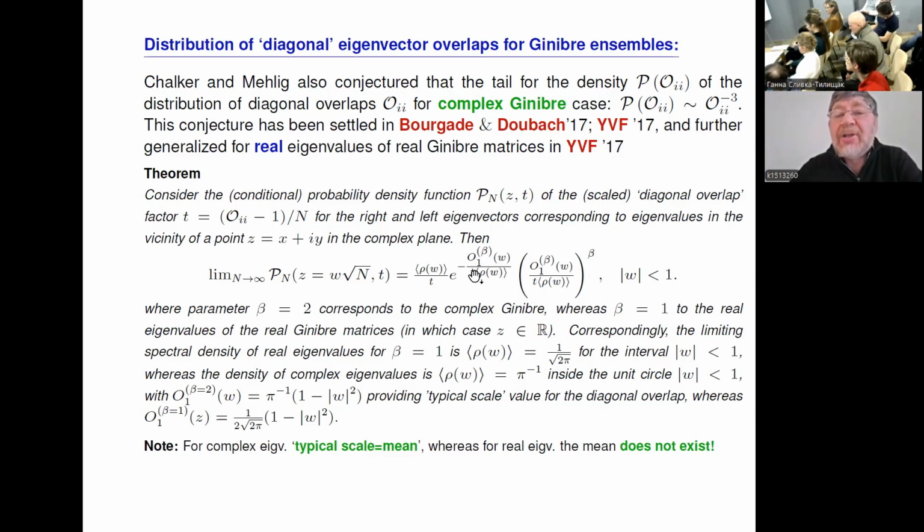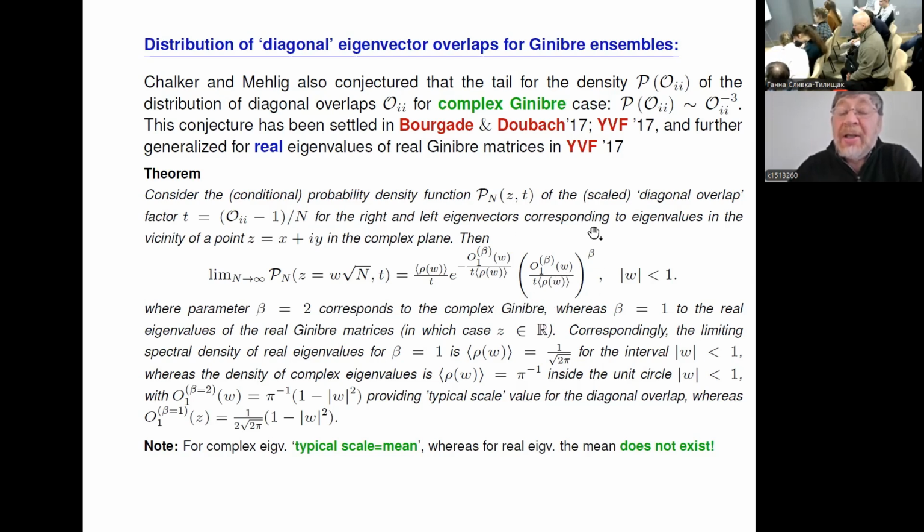It has an exponential of minus, up to normalization, 1 divided by t, and this object O1 beta of W is just the object that we already saw when discussing the mean value of the Choker-Melech correlator. This was exactly it in the case beta equal 2. So we see that the mean sets the scale for fluctuations of this t, but otherwise it's cubic: t here and t to power 2 here, all in the denominator, so 1 over cube.